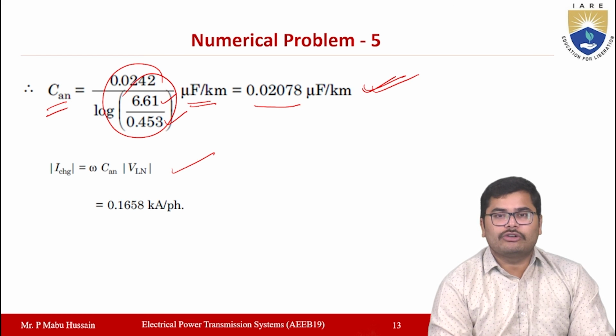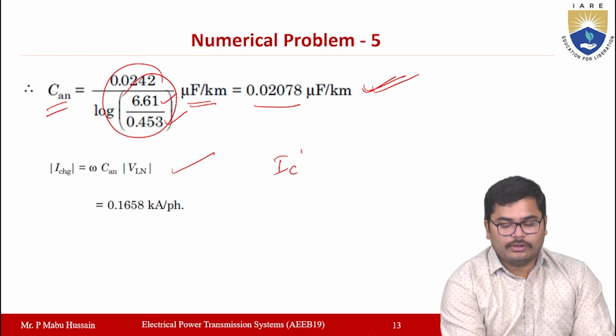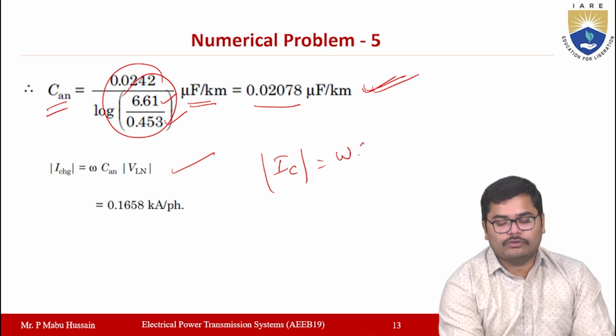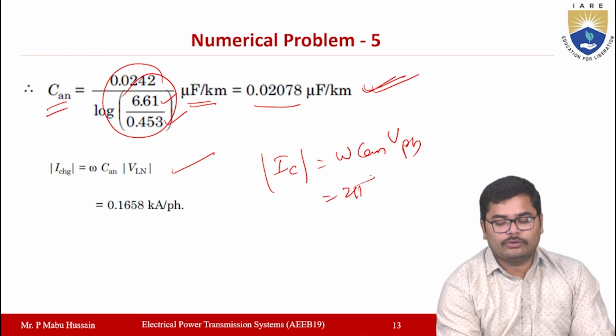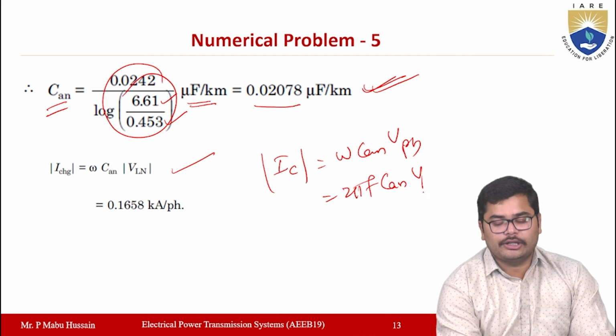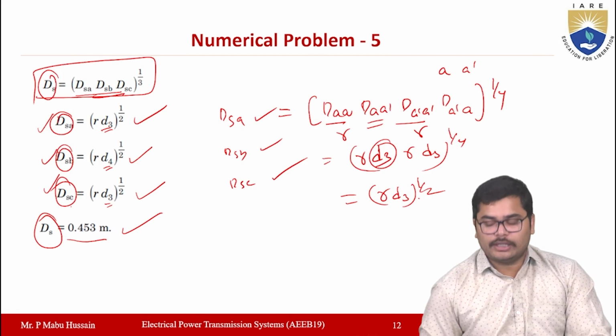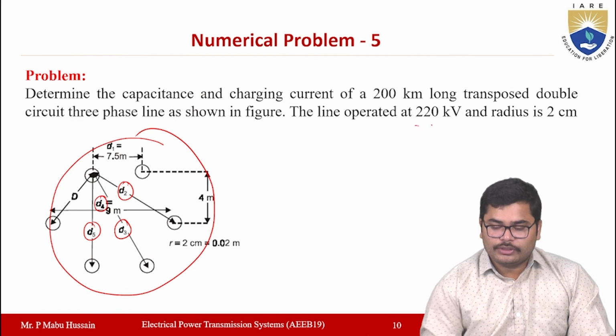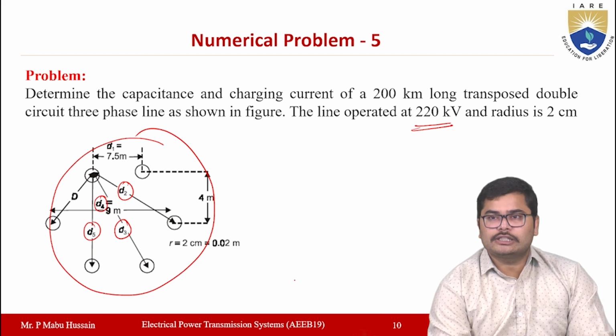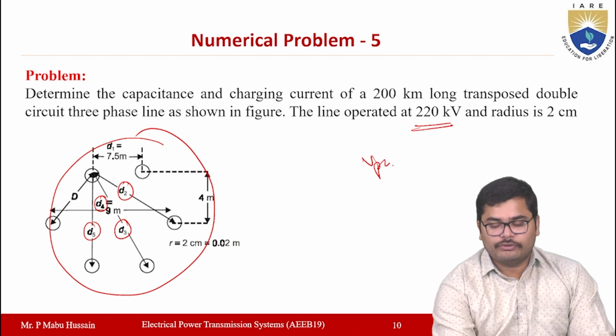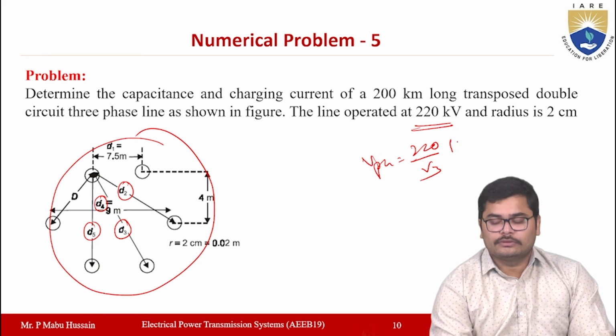Charging current you can determine using this formula. The magnitude of charging current is omega into CAN into V phase, that is 2 pi f CAN into V phase. As you already know, the line voltage is 220 kilovolts, so V phase is 220 by root 3 kilovolts.